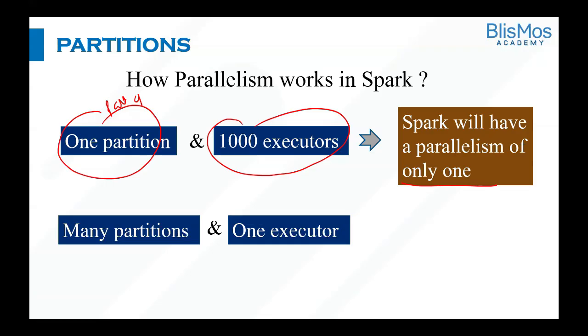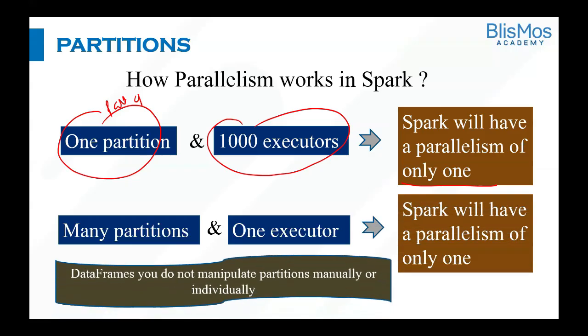So it will run within one system. The way I have told you, Spark will have a parallelism of only one because there is only one executor. So when I say parallelism, it is the processing of the data.